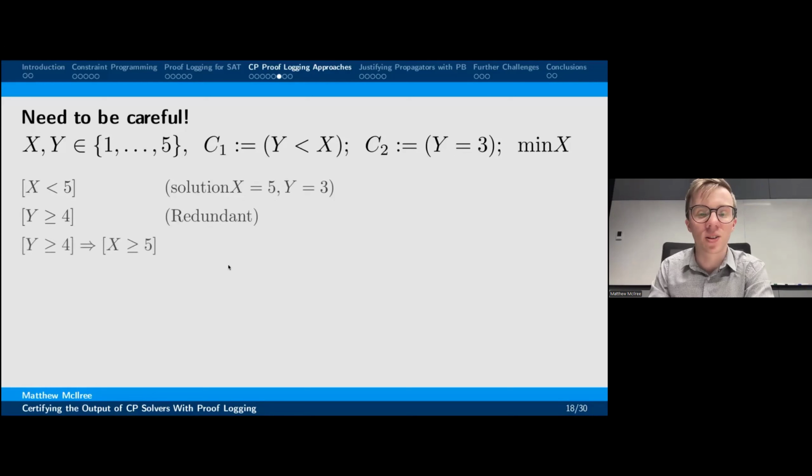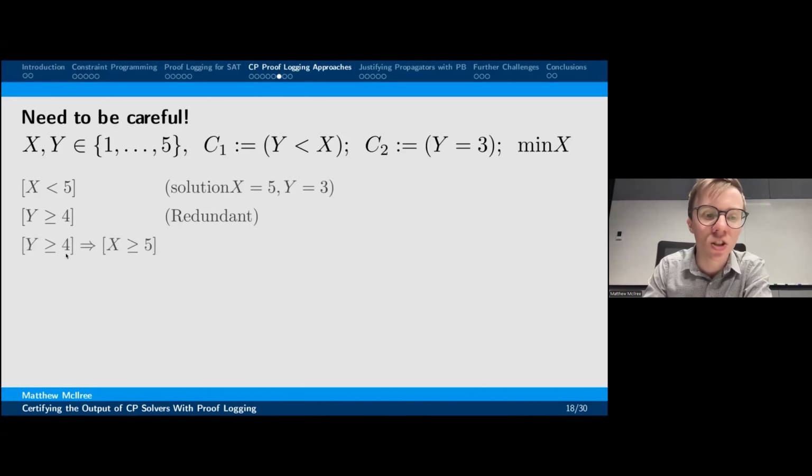But now I can go for my delayed introduction of an axiom. So I'm supposing that I have a formally verified inference checker for the constraint y is less than x, which, you know, in the grand scheme of constraints is definitely one that should be possible to write a formally verified inference checker for.